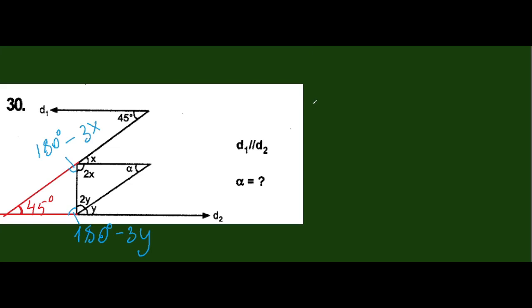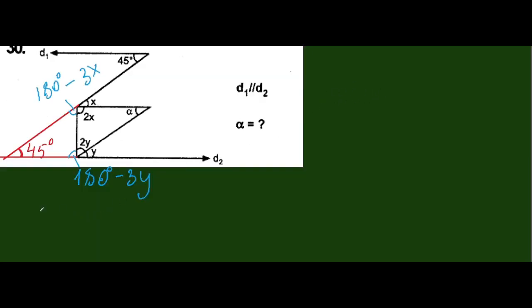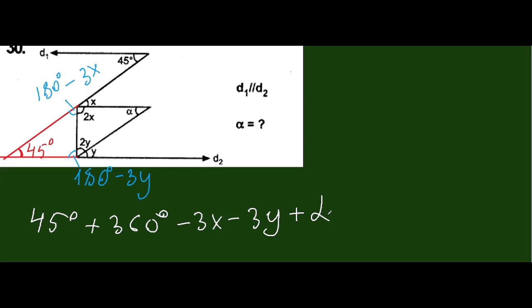We also know that the sum of interior angles will be 360, so we can write down here 45 degrees plus 360 degrees, because 180 plus 180 will be 360, so minus 3x minus 3y plus alpha. We also got this one, so we have to add up these.